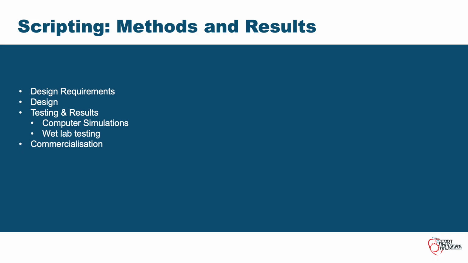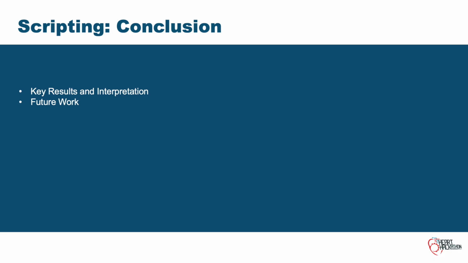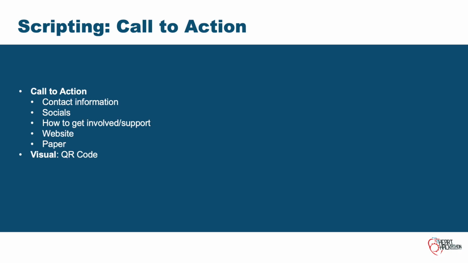Or potentially, if you're going less scientific, you might want to be presenting your overall Heart Hackathon project, and therefore there would be a commercialization section within your poster. Conclusion is just highlighting the key results and potential future work.